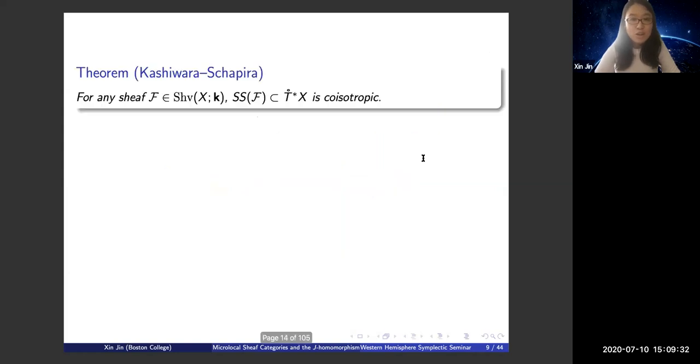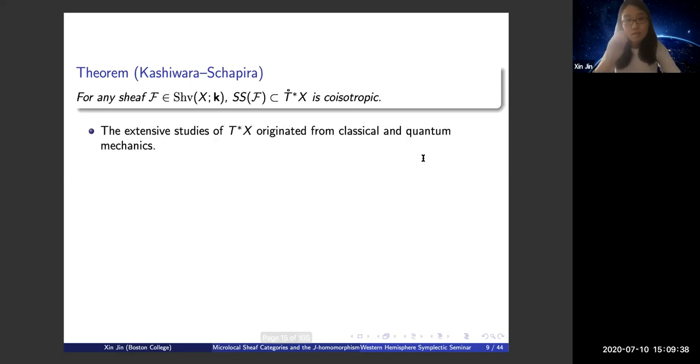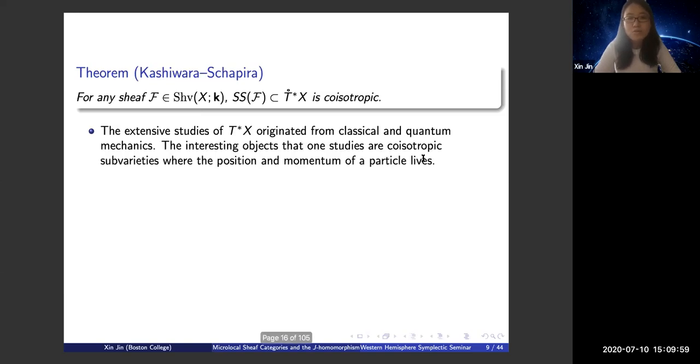Okay, great. An important theorem of Kashiwara-Schapira is that for any sheaf F, the singular support is always co-isotropic. This is closely related to symplectic geometry. Just to recap some history of symplectic geometry: the starting point is the study of cotangent bundles from classical and quantum mechanics.